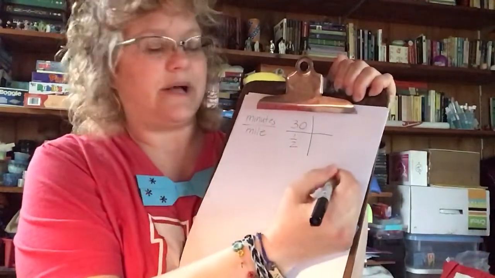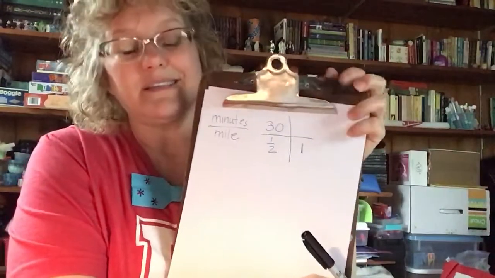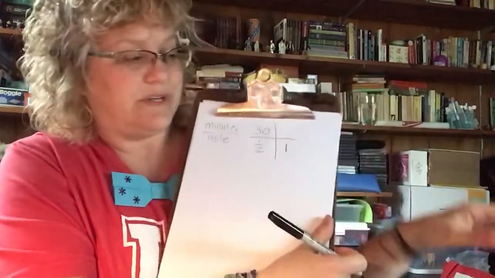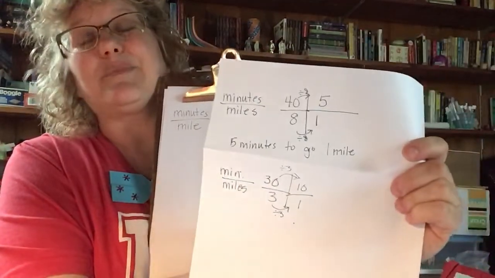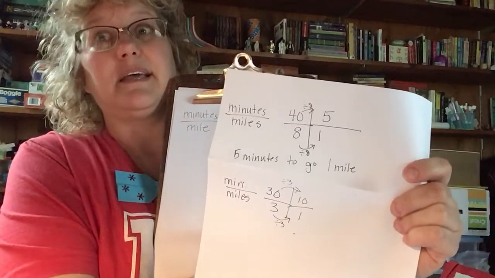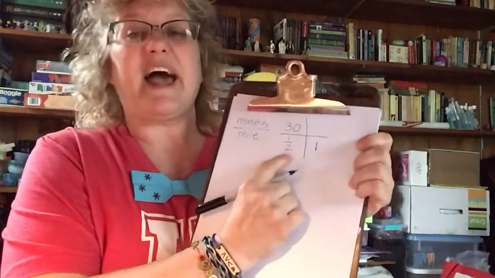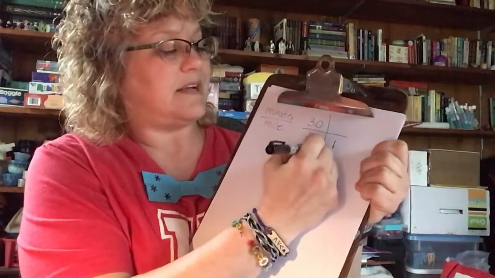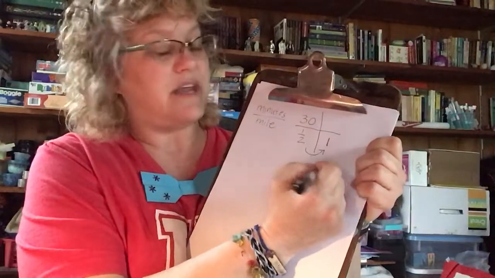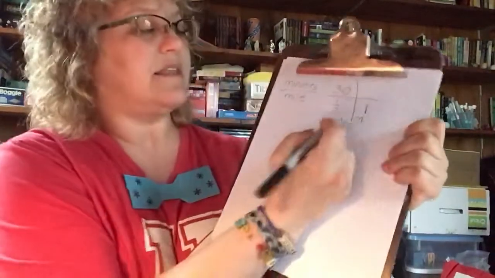Now what I need to do is get to that 1. This is why we're doing ratio tables, boys and girls, because I want you to see that even with fractions, it's really the same kind of process. What do I need to do to get 1/2 to turn into 1? Instead of dividing by a number, I actually need to multiply by a number, and this one is 2.